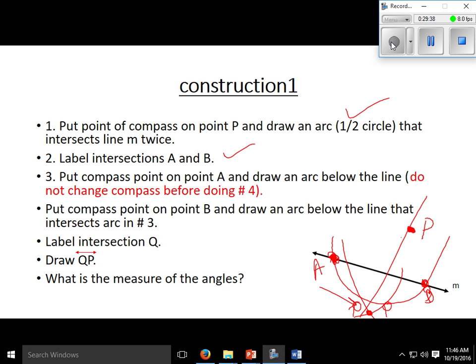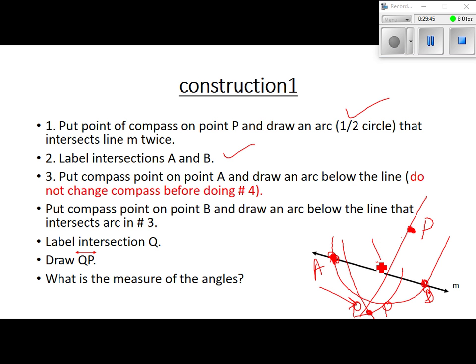They ask us, what is the measure of the angles? So we're looking at these angles right here. Anybody have a guess on your paper there? What's the measure of those angles? They're 90 degrees. So what did we just draw?